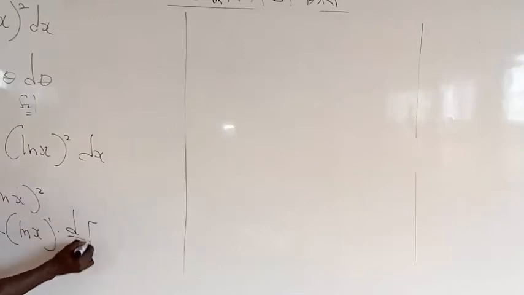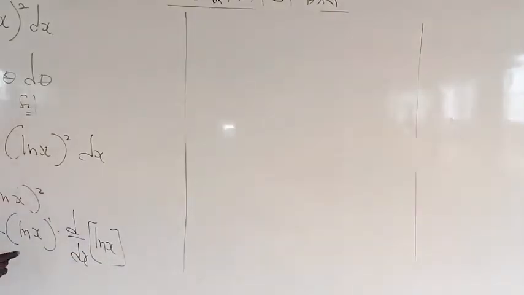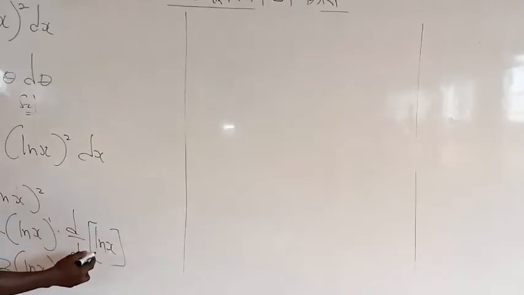That is why you don't need to forget your calculus 1. So when you differentiate the inside, you will get 2 ln s. Don't forget, when you differentiate this, you get 1 over s. So all this over s. So that is what we have for this part.